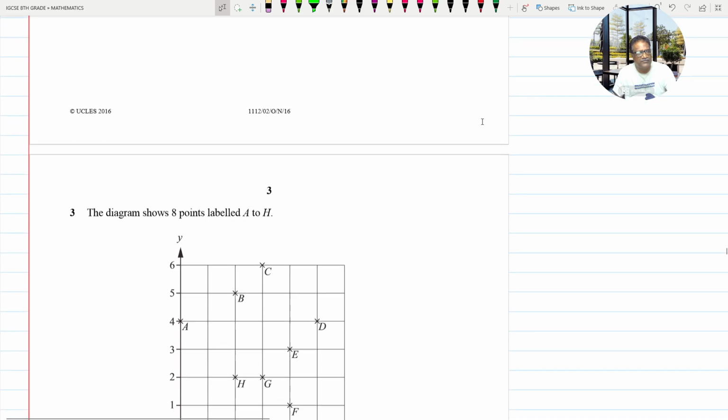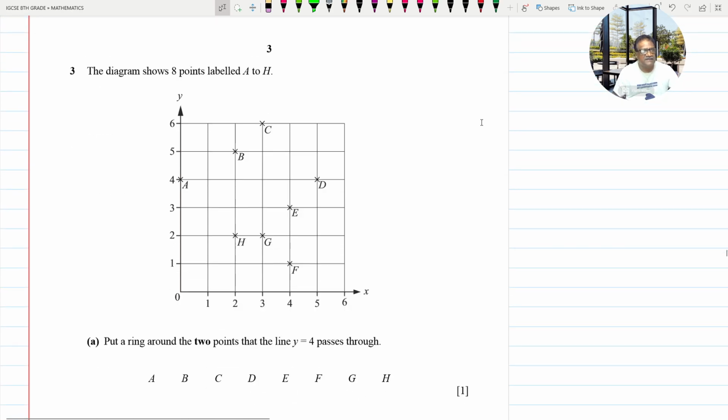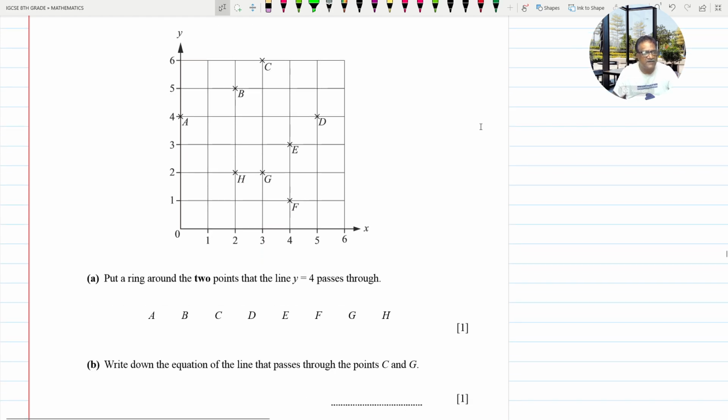Now coming to question number 3. The diagram shows 8 points labeled A to H. You can see all the letters A, B, C, D, E, F, G, H put at different places on this grid. A part of the question is: put a ring around the 2 points that the line y equal to 4 passes through.